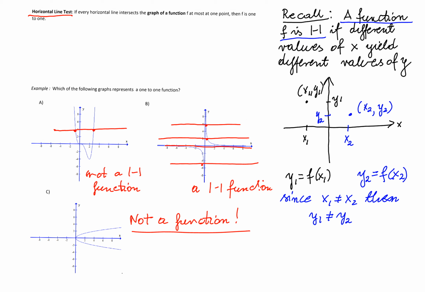So if you are interested in determining whether the given graph represents a one-to-one function, you have to first check that you have a function and therefore perform the vertical line test. Once you determine that you are dealing with a function, you perform the horizontal line test to determine whether this graph represents a one-to-one function.